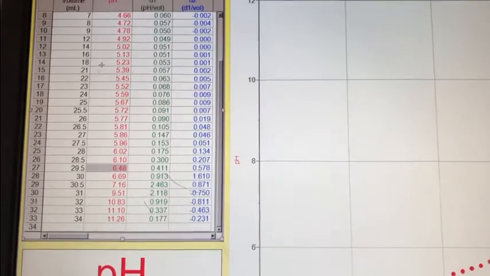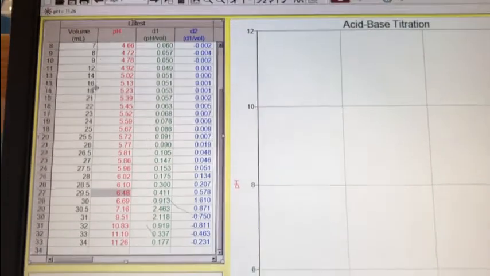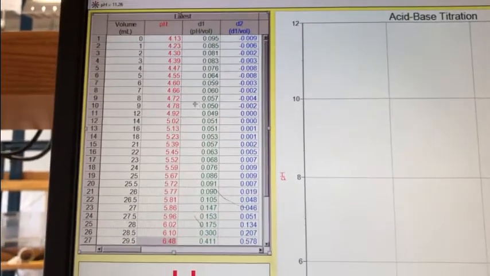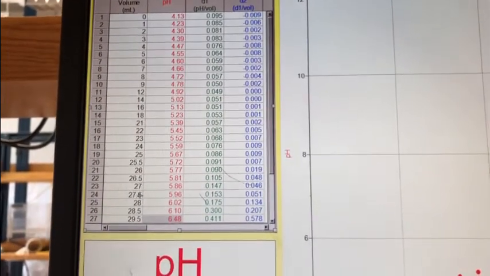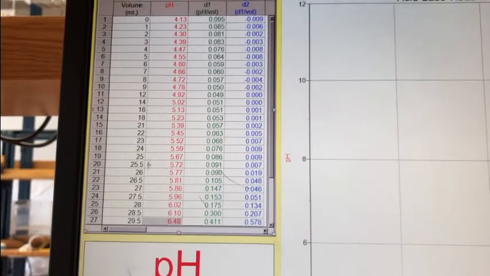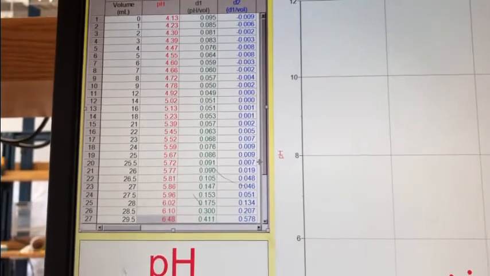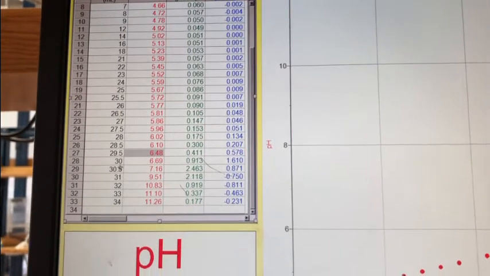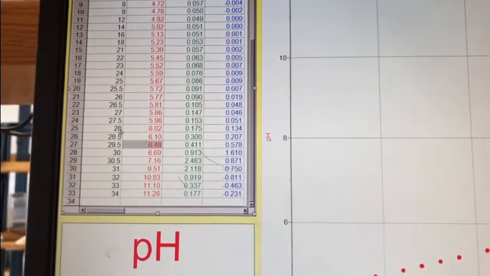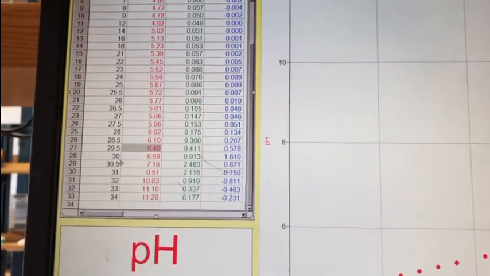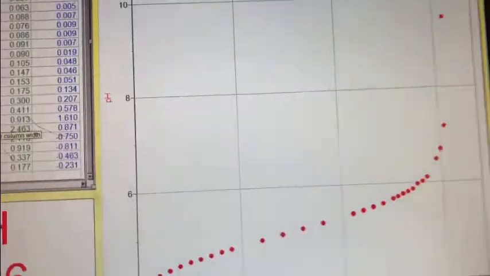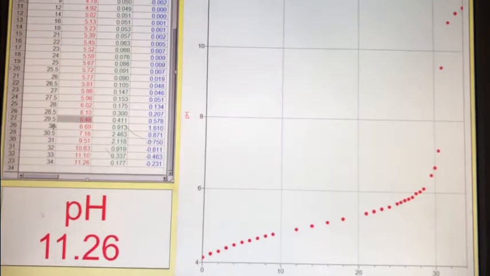That means from 1 to like 27 we will go 1, 2, 3, 4, 5 difference, a big difference. But when you come very close to this 30.5, suppose 27, then you should go 0.2 ml difference, so that we can find out exactly where the endpoint is.